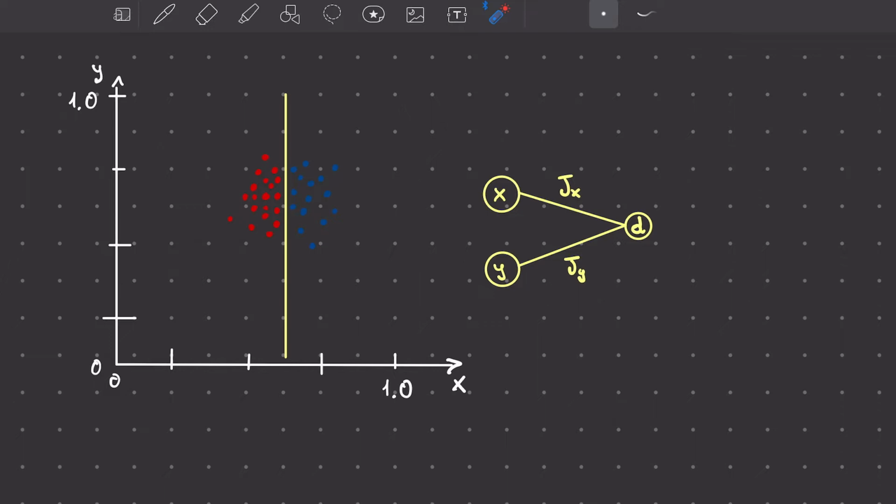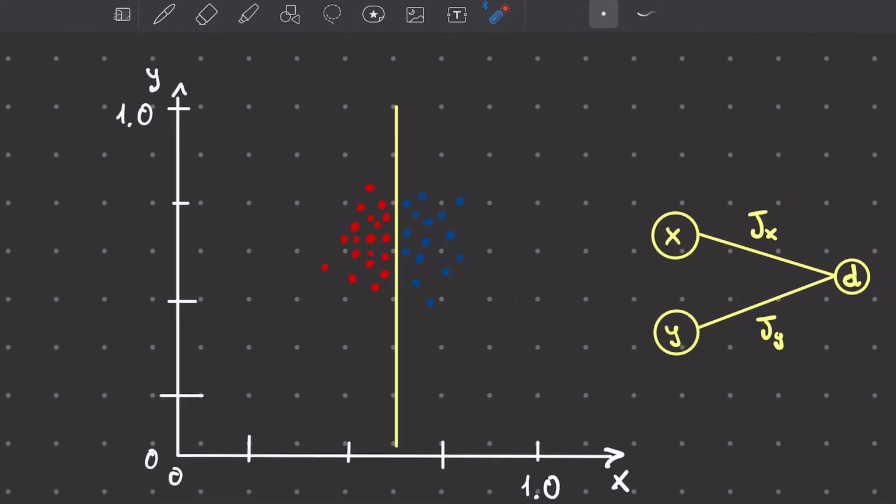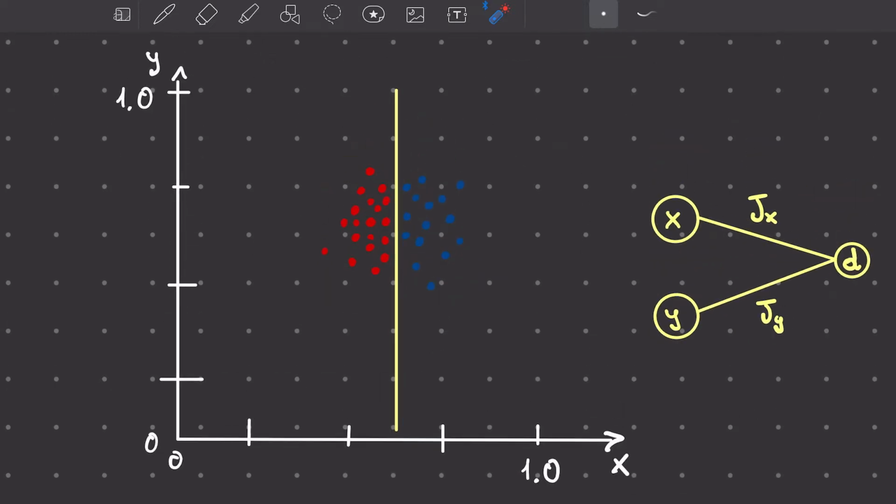In order to do this, we're gonna present a really simple problem, which is basically a set of scattered points in a 2D plane with dimensions x and y.